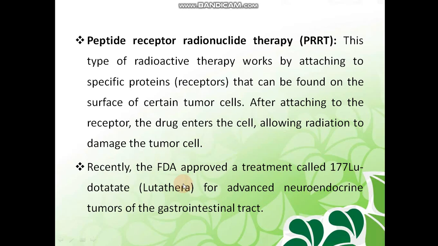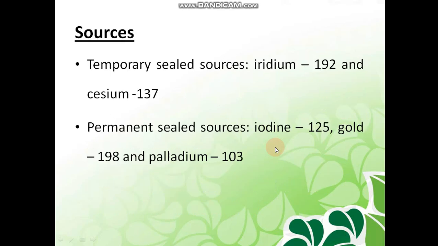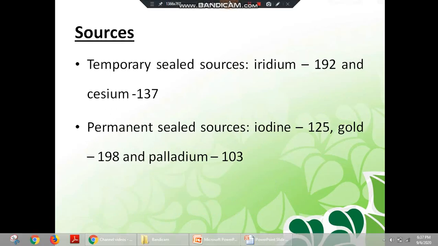Recently, the FDA has approved a PRRT, 177 lutetium dotatate, commonly termed Lutathera. It is used for advanced neuroendocrine tumors of the gastrointestinal tract. So that is all about brachytherapy.